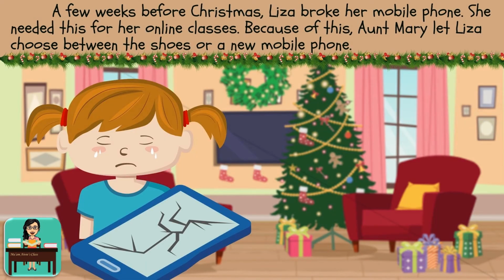A few weeks before Christmas, Lisa broke her mobile phone. She needed this for her online classes. Because of this, Aunt Mary let Lisa choose between the shoes or a new mobile phone.